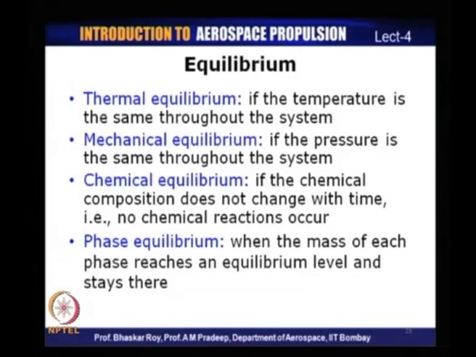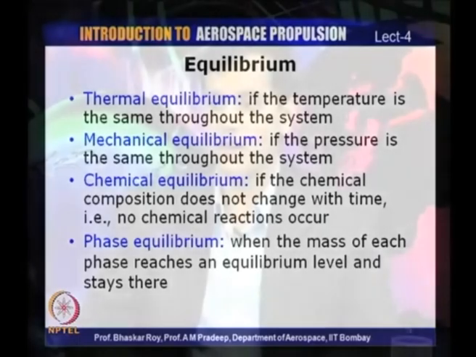If the chemical composition does not change with time, that is, there are no chemical reactions taking place, then it is referred to as being in chemical equilibrium. If the system consists of different phases, let us say a solid phase and a gaseous phase, and the mass of each of these phases reaches an equilibrium level, then it is in phase equilibrium.